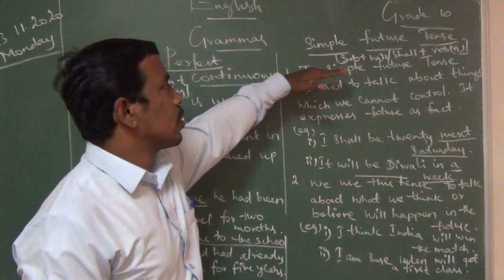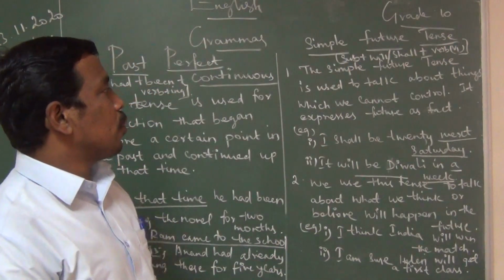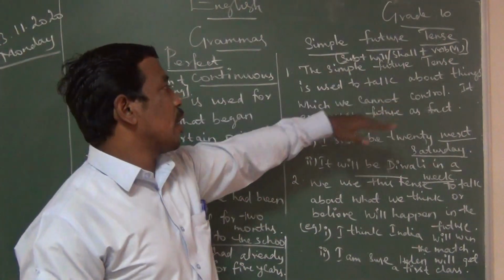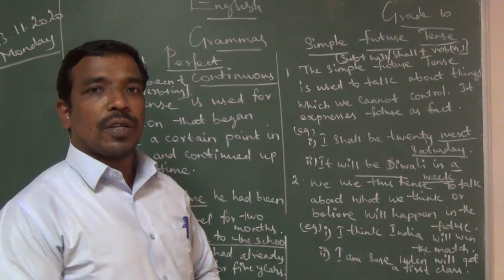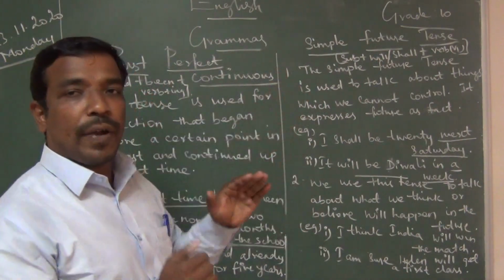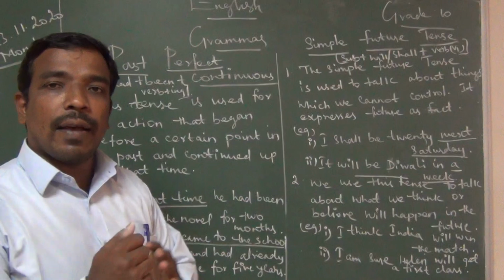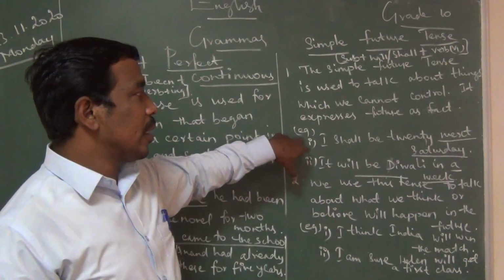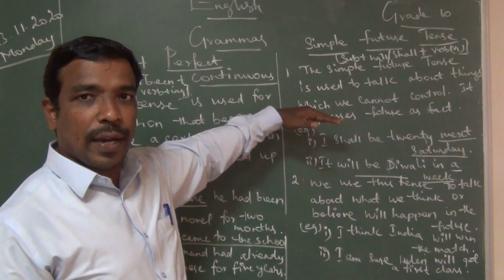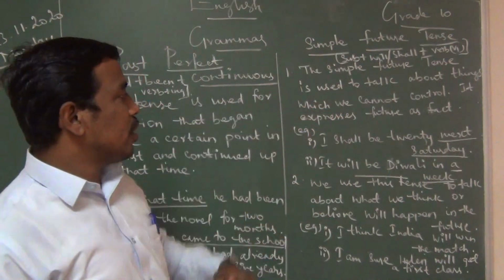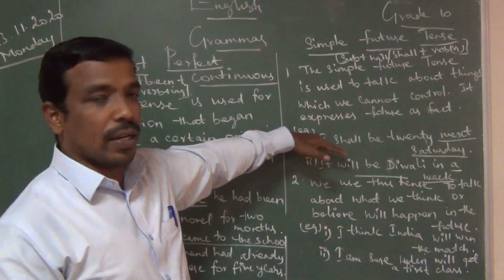So the simple future tense is used to talk about things which we cannot control. It expresses future as fact. Why we are writing this is that whenever I give exercises, it is easy for you to refer. Have you understood? Sometimes this type of reference we may not see in your text.